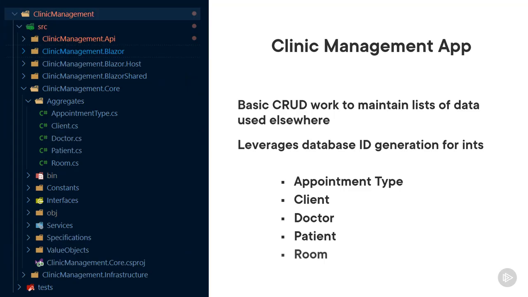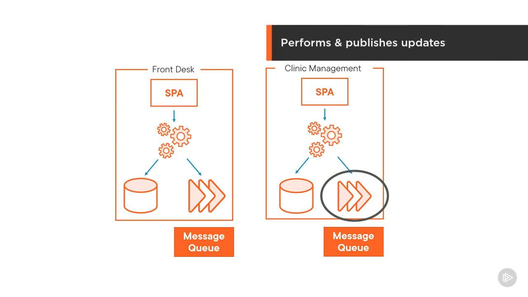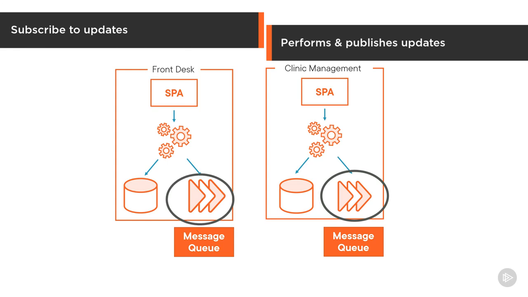The clinic management bounded context is responsible for updating these types. When changes are made, application events are published by clinic management, and this front desk bounded context subscribes to those events and updates its copies of the entities. One of the questions we get all the time when we describe how bounded contexts have separate databases is, how do we synchronize changes between these two apps?